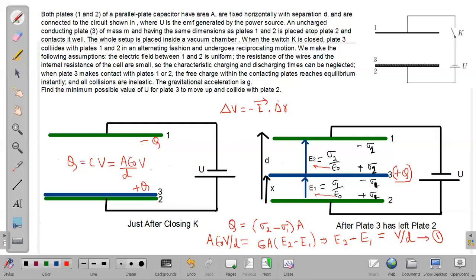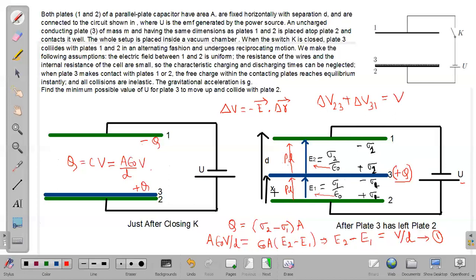Applying this concept, the potential difference from plate 2 to plate 3, and then from plate 3 to plate 1, the sum of these two potential differences must be equal to capital V, the supply voltage.